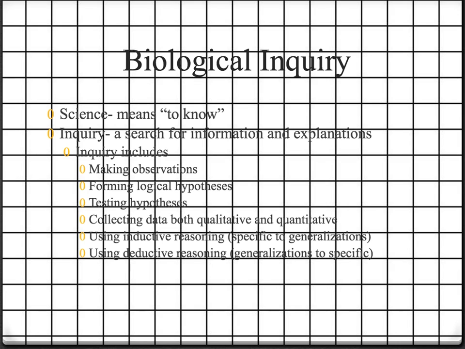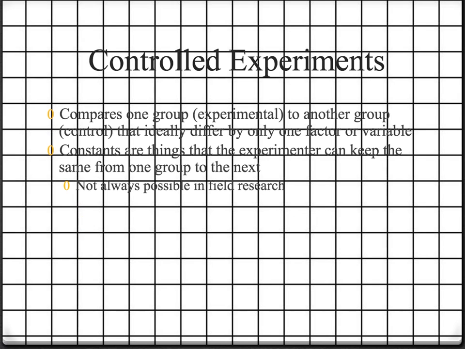But we should also be able to use some deductive reasoning where we take generalizations and then break that down into more specifics to find out what's going on. When we perform a controlled experiment, sometimes this gets confused, thinking that you have to quote-unquote control every little piece of everything, and that's not true.